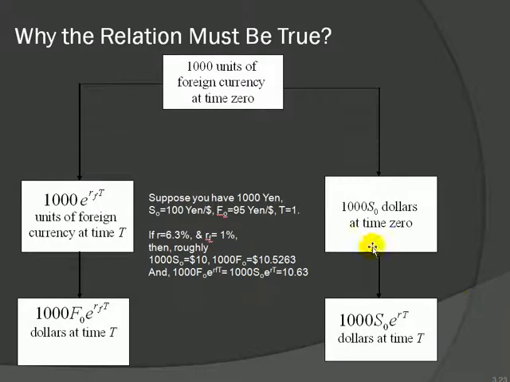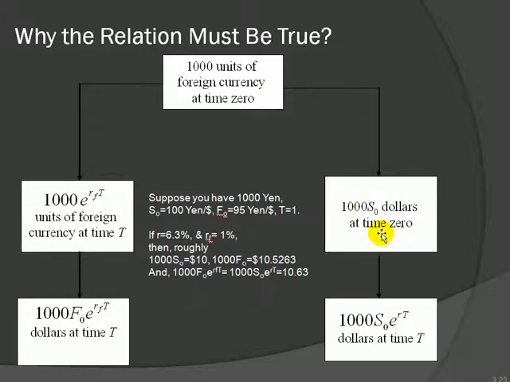Now that's this diagram. Suppose you have 1,000 units of foreign currency at time 0. You could change this foreign currency into domestic dollar currency as of now, and then invest in domestic, assuming that domestic currency is US dollar.